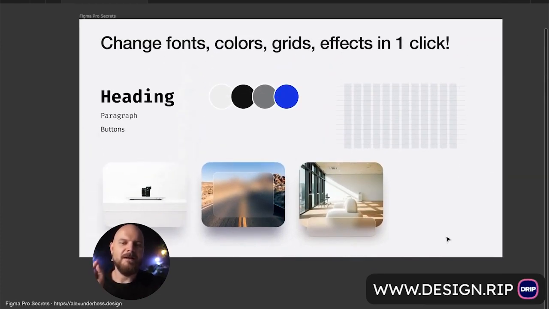We'll create one style for each element, and later in this course we will create style guides for everything that we'll be doing. For content creation, we'll create a style guide for Instagram posts. When we'll be working with web design, we'll create a design system that will include all these different styles: fonts, colors, grids, and effects. When we'll be working with mobile apps, we'll do the same there. So basically, that's super cool.